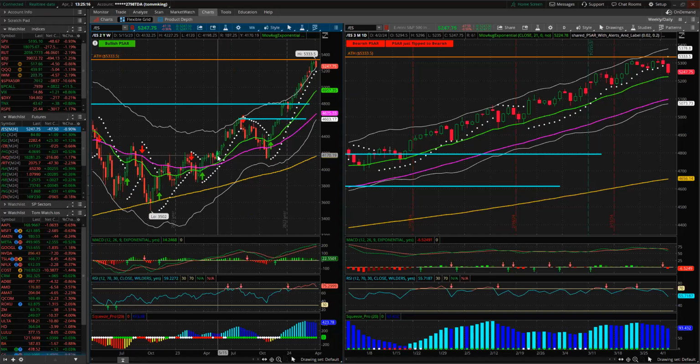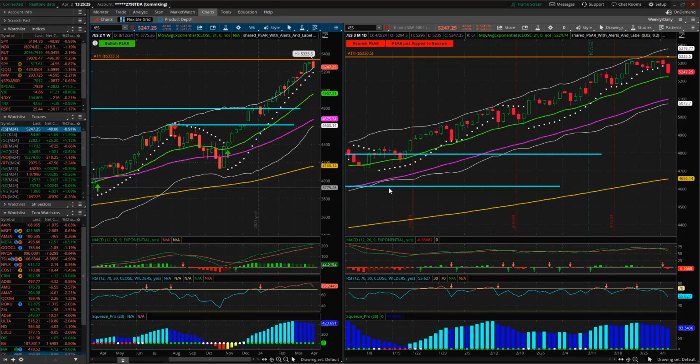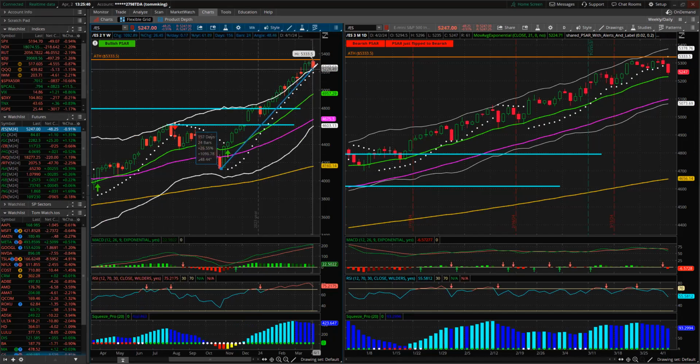All right, so let's take a look and see what patterns are out there, what could be happening, to give you some sense of what the move is. If we're looking at ES here, if we started to draw some lines, and I like to connect at least 3 or more.